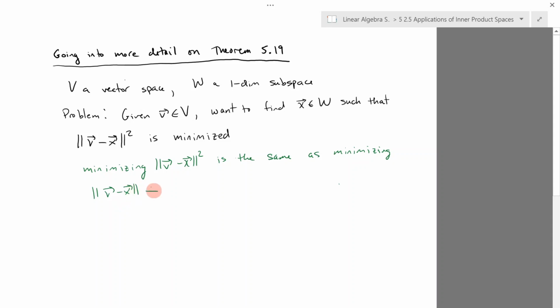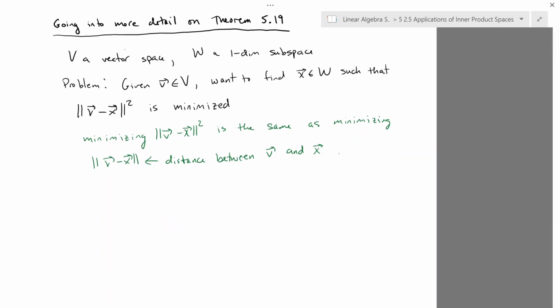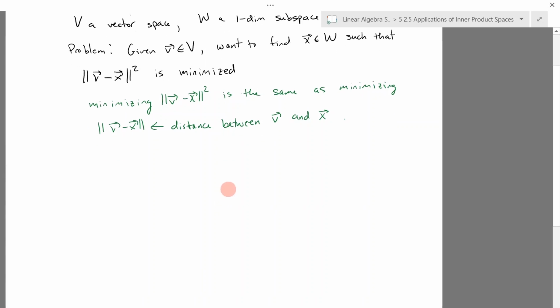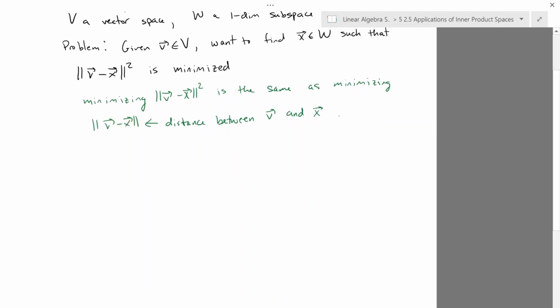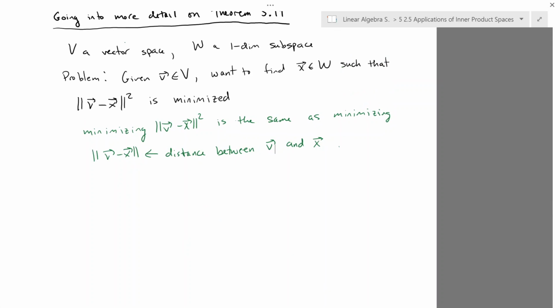Because basically this is just the distance between V and x, and this is the square distance, right? So minimizing the distance between two things is the same as minimizing the square distance. Okay, so if we can minimize this, then we'll automatically minimize this, and so this is what we're going to look for, right?